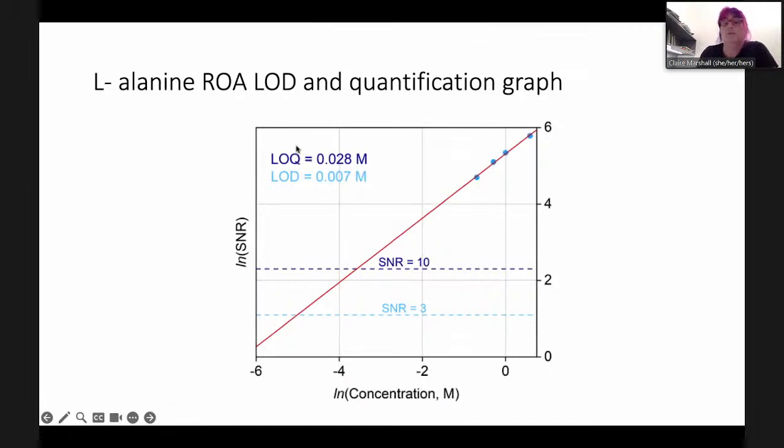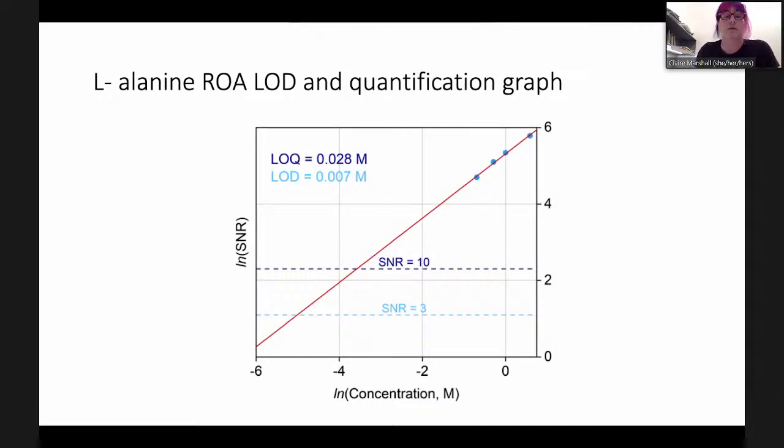And what's actually more important is the limit of quantification. The limit of detection is just detecting: can we see little Raman bands or not? And the limit of quantification is: yeah, we can see Raman bands, but can we actually assign them to a particular vibrational mode that we can assign that particular amino acid to?